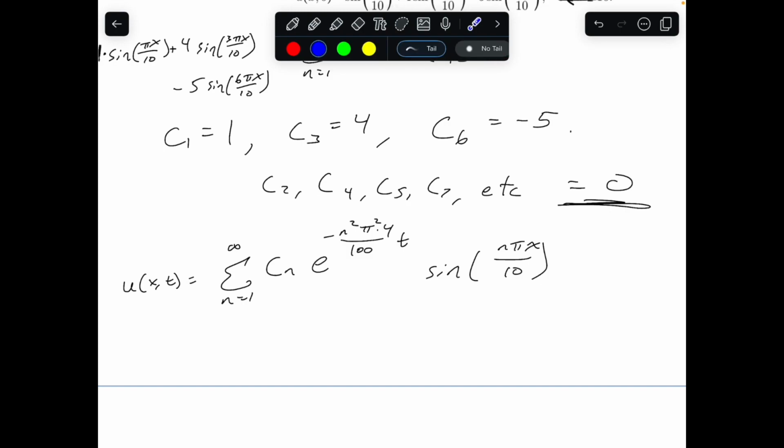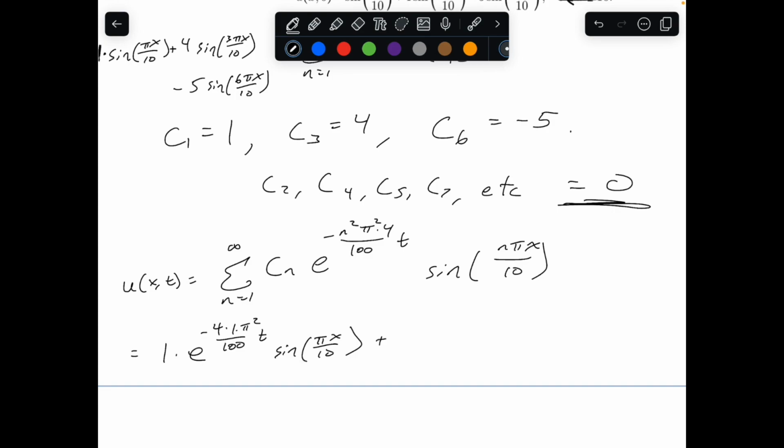Yeah, so we get this, but then for n equals 1, c sub 1 is 1, right? So we get 1 times e to the negative, I'm going to put that 4 in front, so this is 4 times 1 squared times pi squared over 100 times t, and then sine of 1 pi x over 10, right?